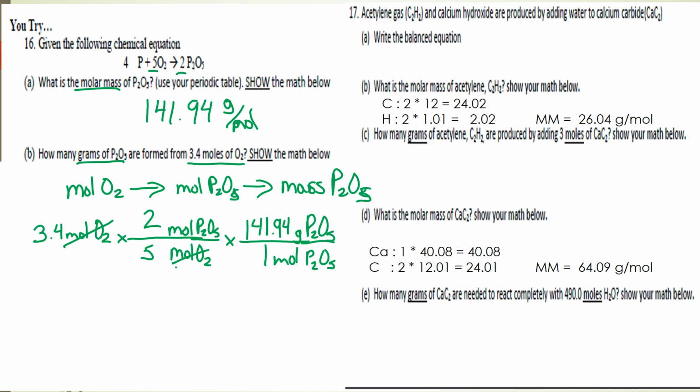So, going back through it, if I'm starting off in moles of oxygen, I have a molar relationship of oxygen to P2O5 that is 5 to 2. So 5 moles of oxygen for every 2 moles of P2O5 produced. My molar mass of P2O5 for 1 mole is 141.94 grams. So now we go ahead and solve it. Our answer should be in 2 sig figs. What do we come up with?